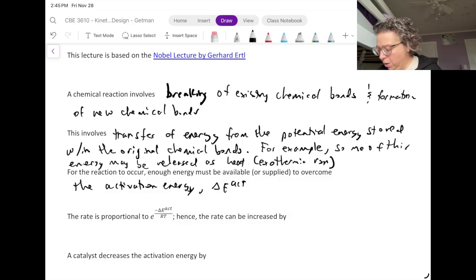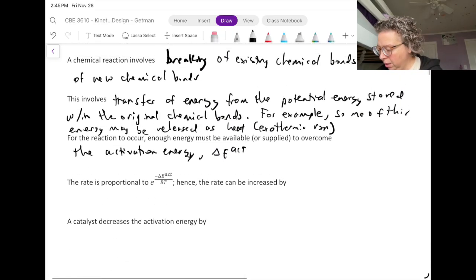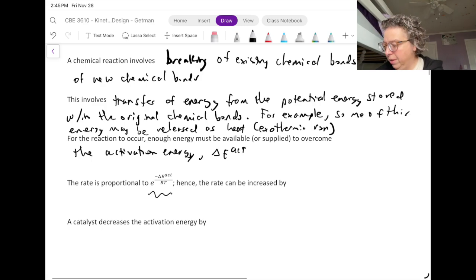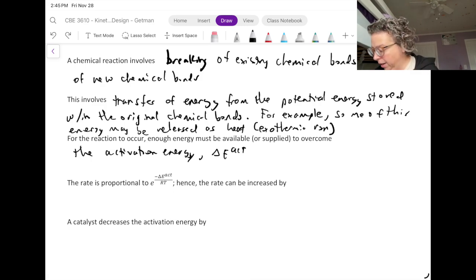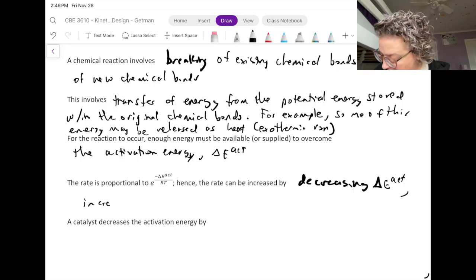And we also know that the rate of reaction is proportional to the exponential of the activation energy divided by RT, where R is the gas constant and T is the absolute temperature. Hence, the rate can be increased by either decreasing the activation energy or increasing the temperature.